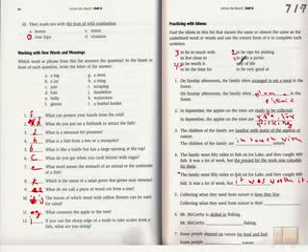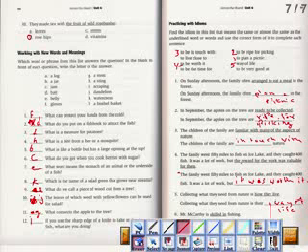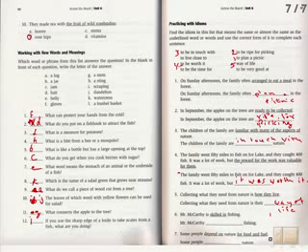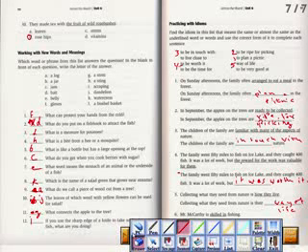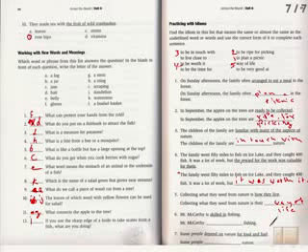Okay, here number 5. Is their way of life. Way of life.